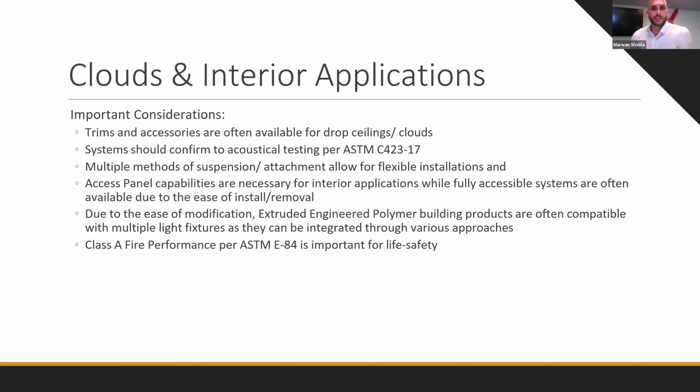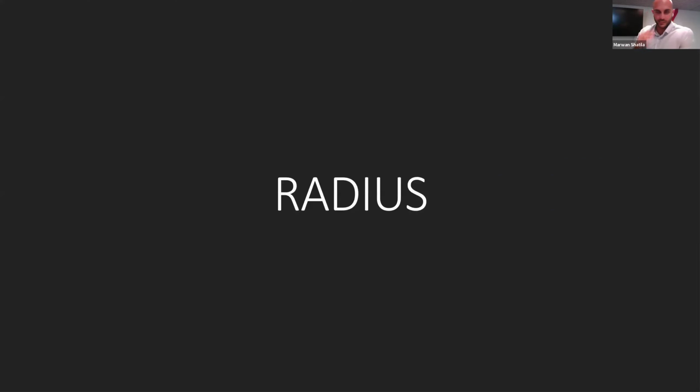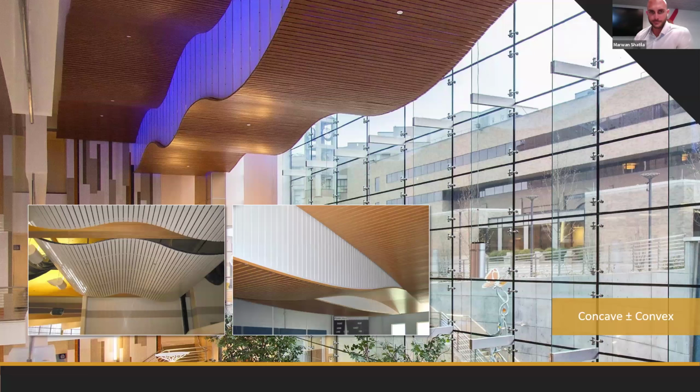I pretty much touched on everything here. I don't want to spend more time than we need to on just reading text. So, radius applications, as I mentioned, we are a custom manufacturer. I showed you all some of the radius trim. If any of you have ever worked with a serpentine type of ceiling or wall application, we can accommodate that as well.